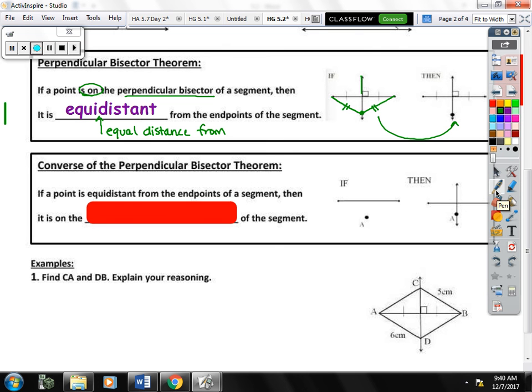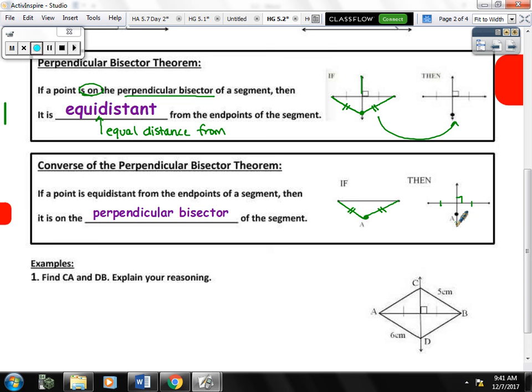It says, if a point is equidistant, so if you know that a point is equal distances from two endpoints, then you'll know that this point must be on the perpendicular bisector. So you would be able to conclude that it's on the perpendicular bisector.